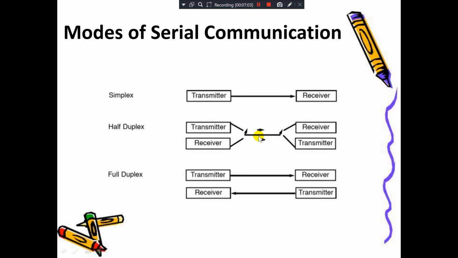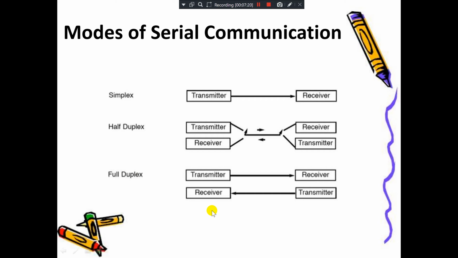But in half duplex, we have only a single wire. So that is the difference between half duplex and full duplex. In both, transmitter and receiver can send data, but not simultaneously in half duplex, and simultaneously in full duplex.